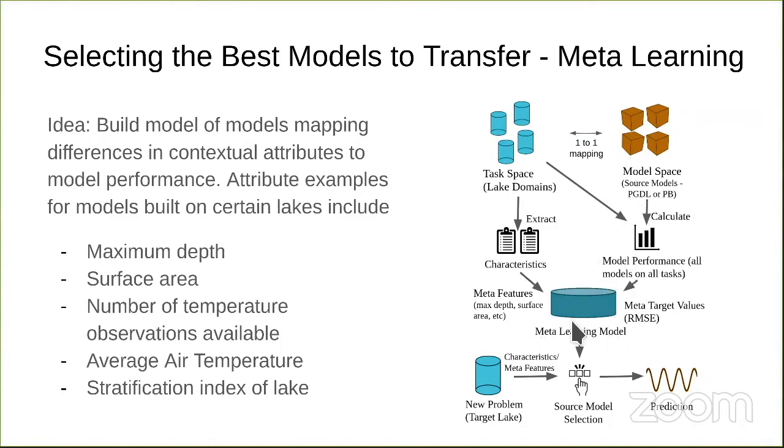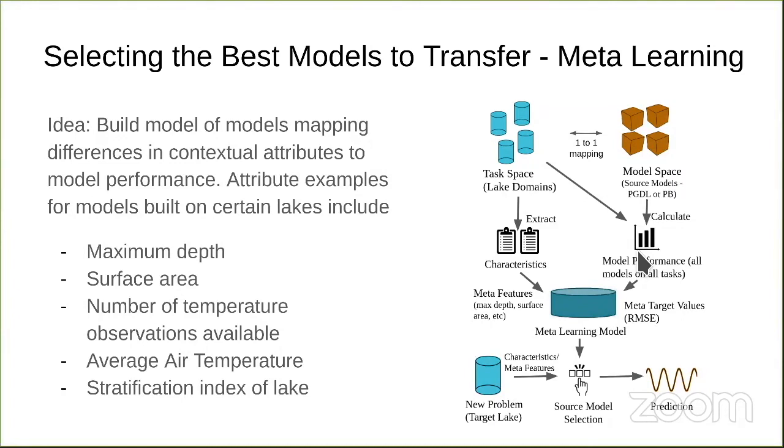This data to train the meta model consists of lake characteristics that aren't water temperature measurements, but things like depth and surface area, mapped to model performance. This data set is constructed by applying every source model to every other source lake. So if you had n sources, it'd be n times n minus 1 data points used to train the meta model.